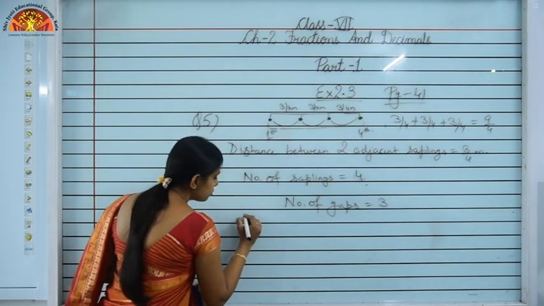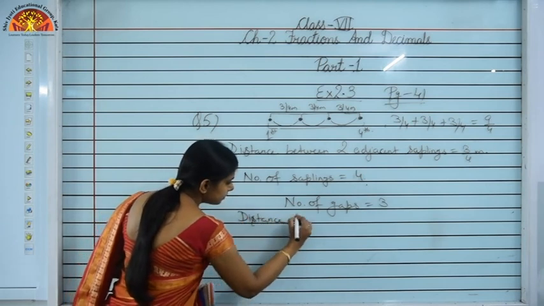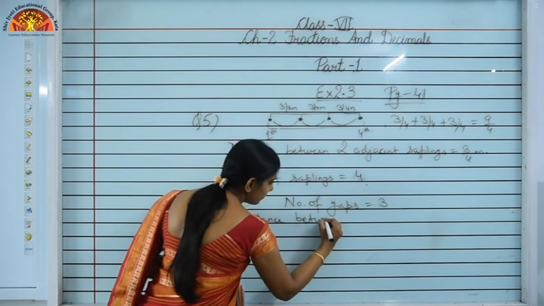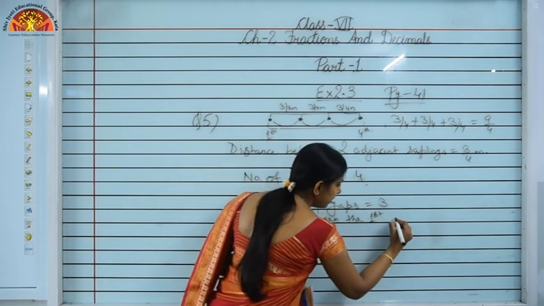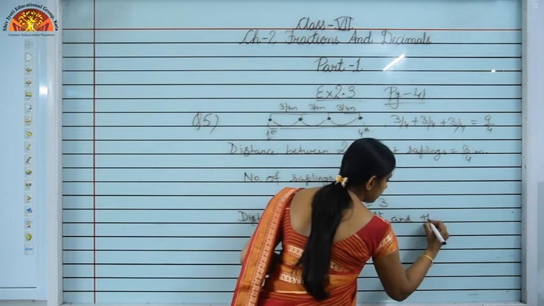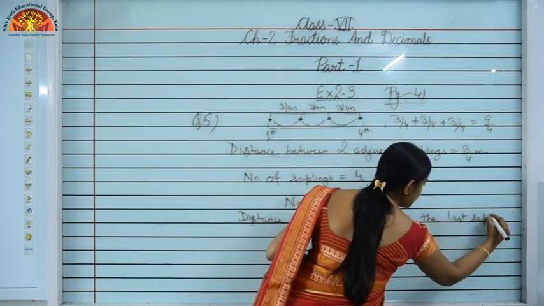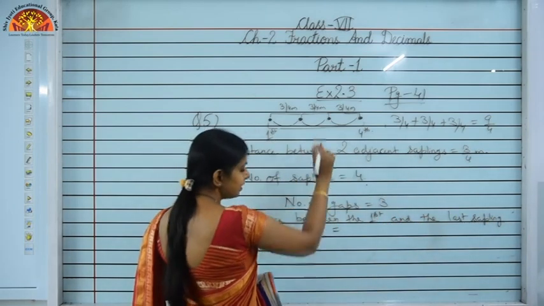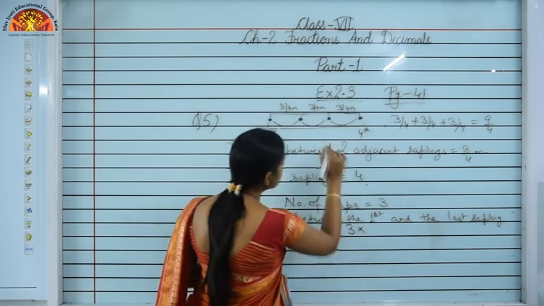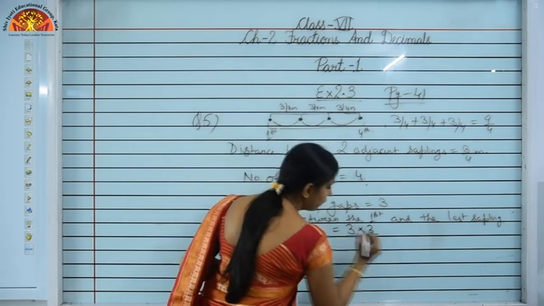Now, distance between the first and the last sapling is equals to number of gaps, how many? 3. And what is the distance between the two adjacent saplings? That is 3 upon 4 meters.